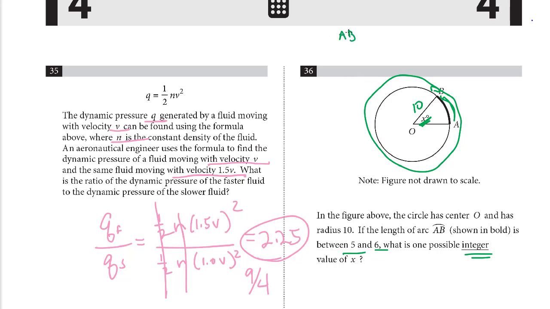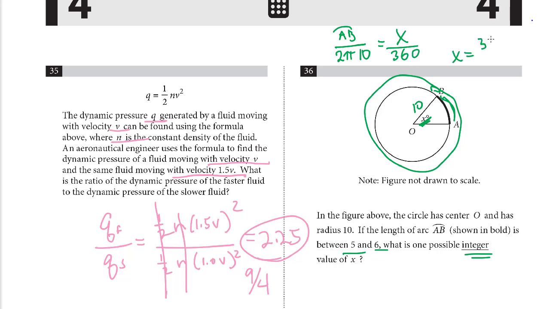AB, arc, to the full circumference, which is 2 pi r, 2 times pi times 10, that's our radius, must equal some x given to 360.